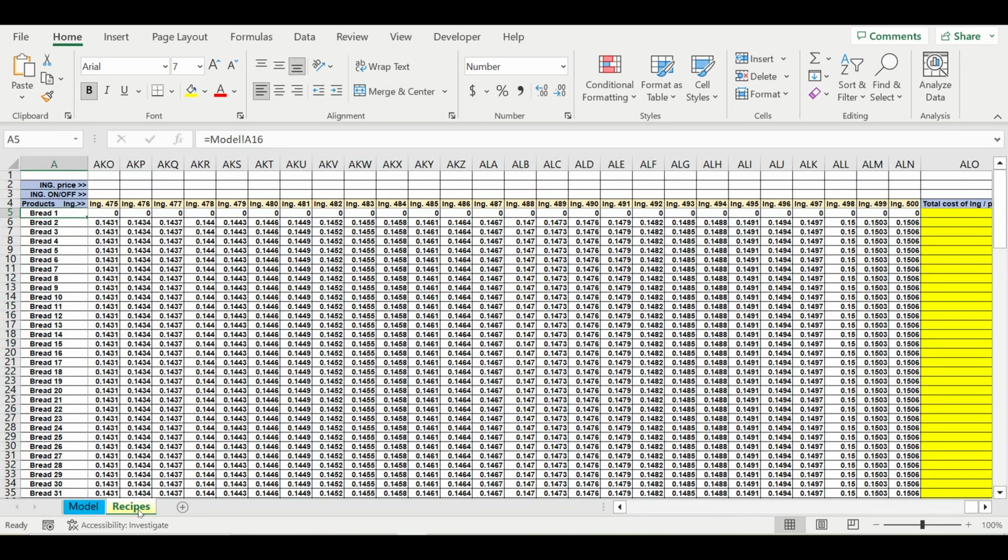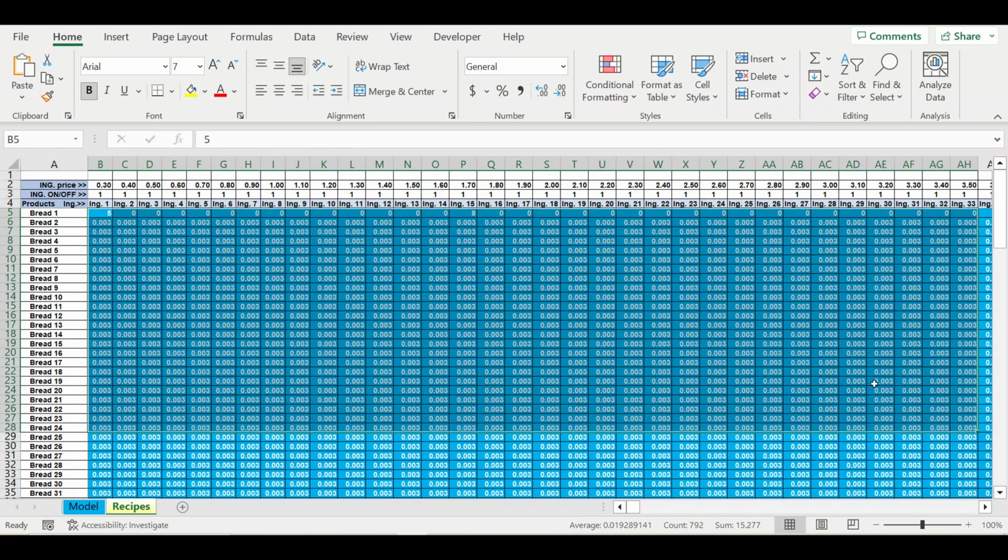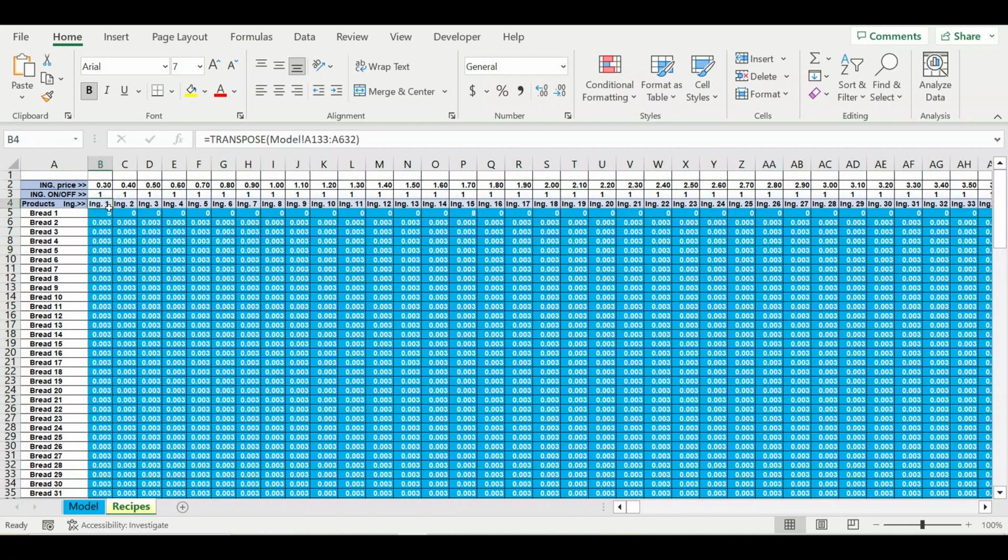Here on the next tab we have our products from top to bottom. We have ingredients from left to right, and here we specify the consumption of ingredients to cook one bread type 1, bread type 2.